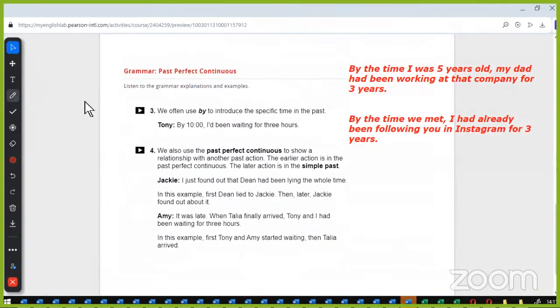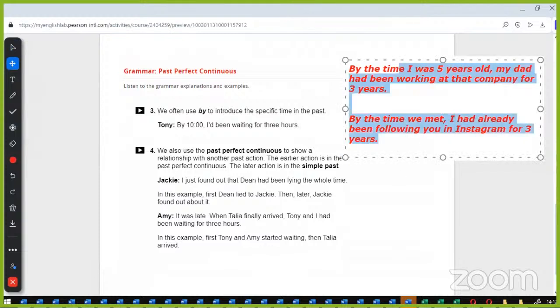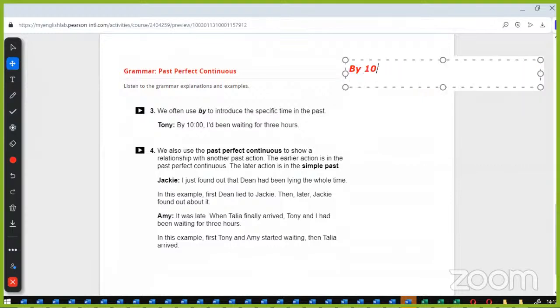Now, we can also use by to introduce a specific time in the past, like we've done here. By, I don't know, by 10 a.m., I'd been running for 2 hours.